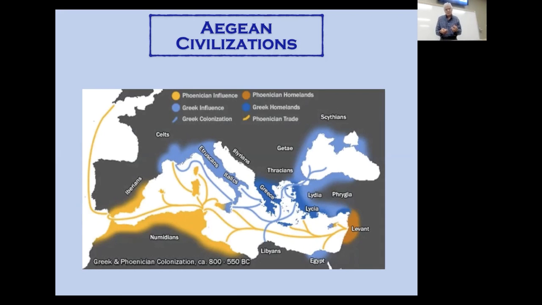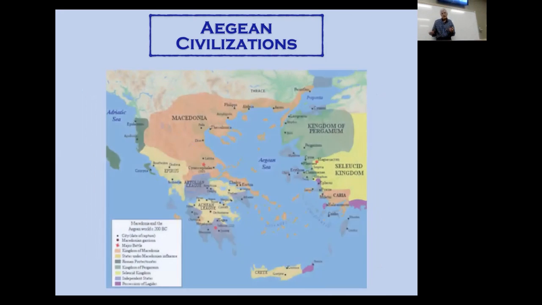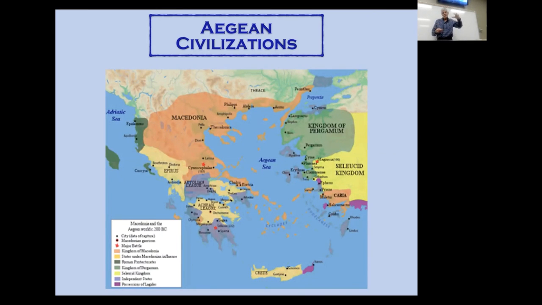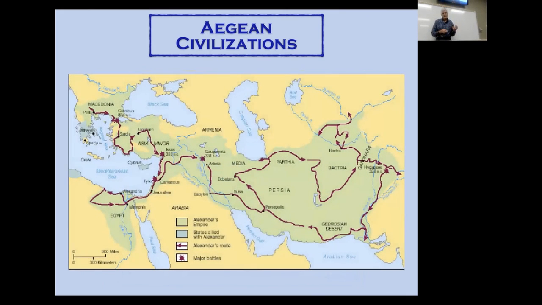And so this then led to development of different kingdoms and states in Greece, Macedonia being a prominent one. And Alexander the Great, who was a Macedonian king, then went on this 10-year campaign, taking and pretty much colonizing to a degree that whole area in Greece.